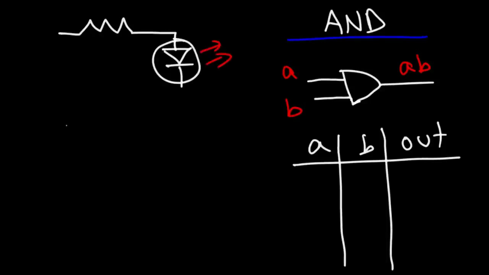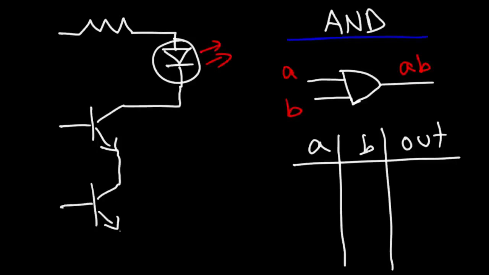So we're going to need two transistors as opposed to one. So this is input A, and this is input B.